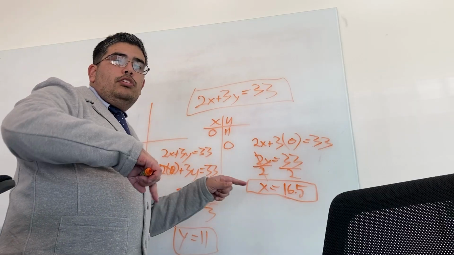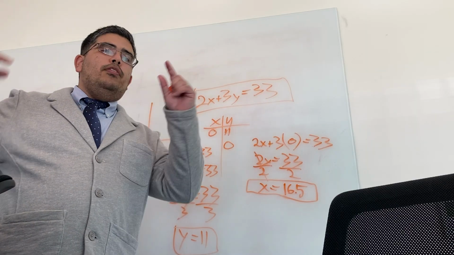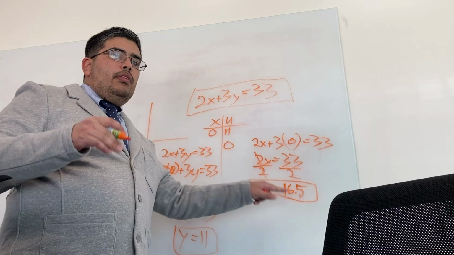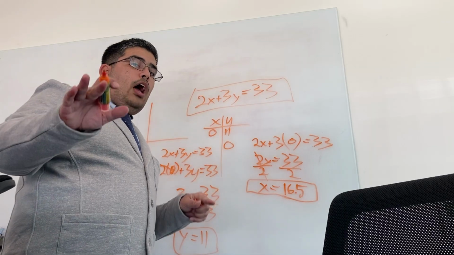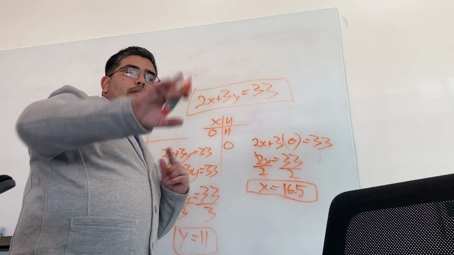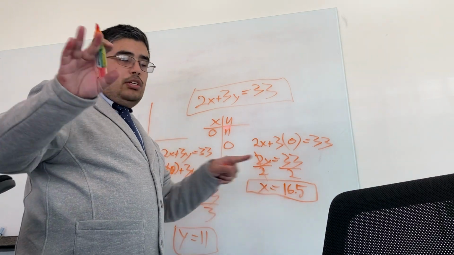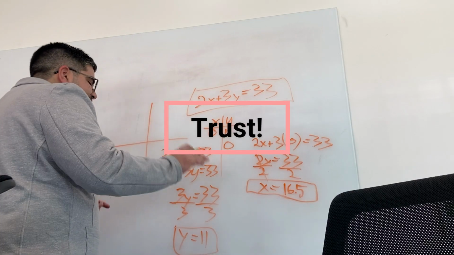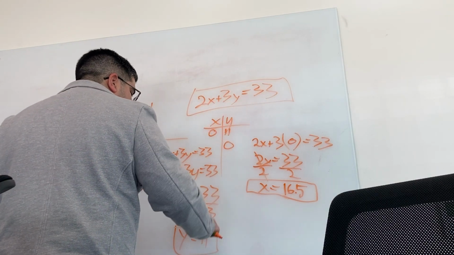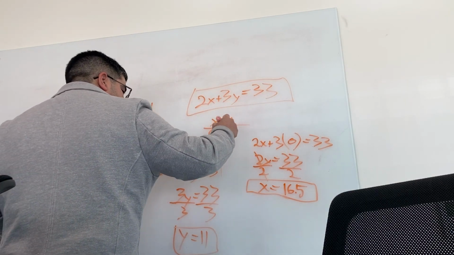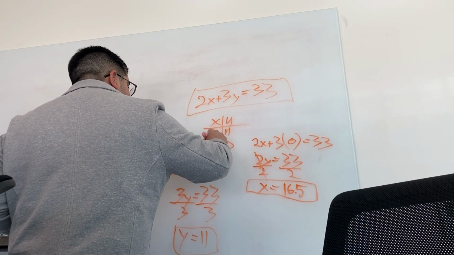Subtract 1, it'll be 32, then divide by 2, and then add 0.5, you get 16.5. If not, you can plug it in the calculator. I can't do that because I'm filming on my phone, but plug it in the calculator, you can get 16.5. Trust me. So now we have these 2 points: y is 11 when x is 0, and x is 16.5 when y is 0.